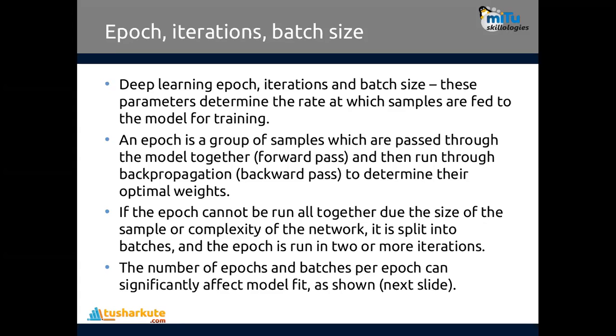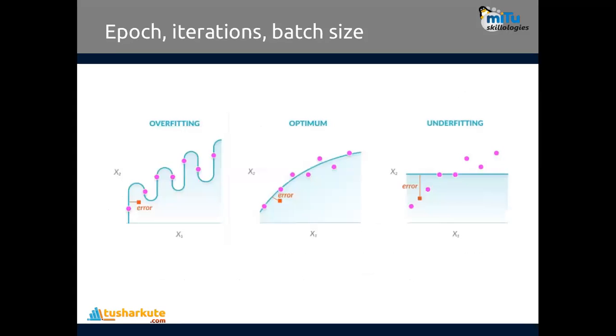Now let's look at the effect of the number of epochs and the batches. Batch size per epoch can significantly affect the model's fit. See, this is overfitting, the first case, overfitting, and the error that is carried.